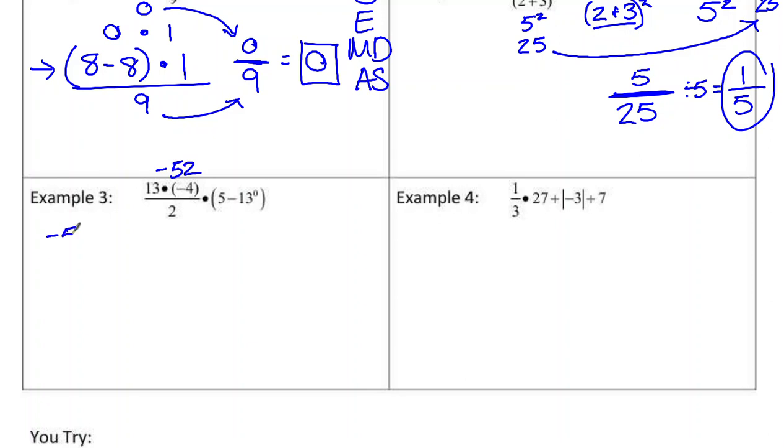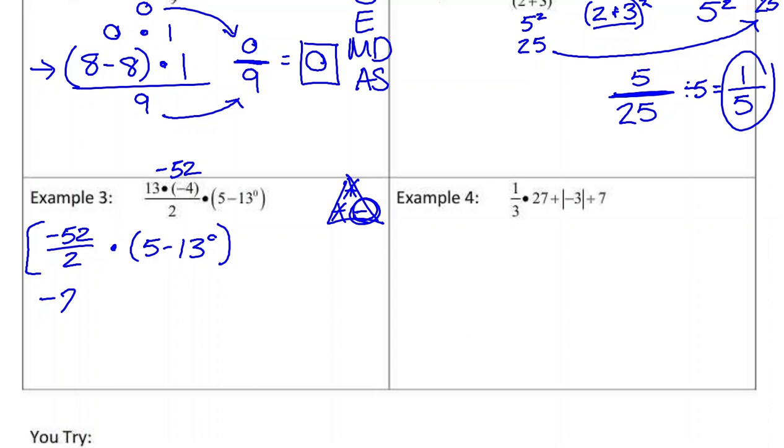Negative 52 over 2 times 5 minus 13 to the 0 power. I'm going to finish this fraction right here because I can just divide negative 52 divided by 2. Remember, a negative divided by a positive is a negative. So this is negative 26 times 5 minus 13 to the 0.